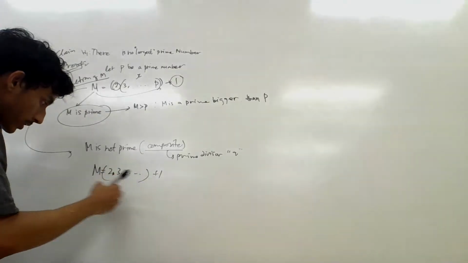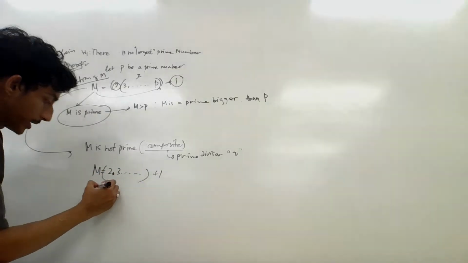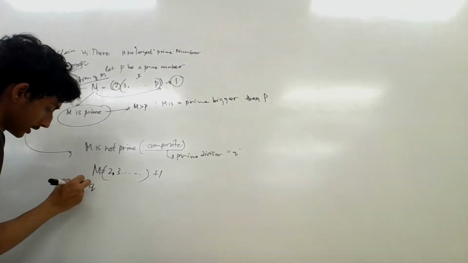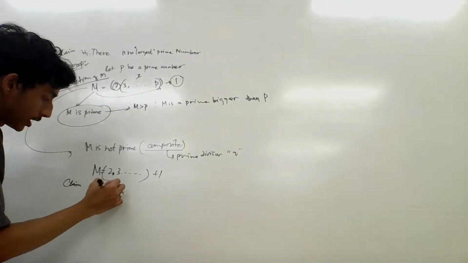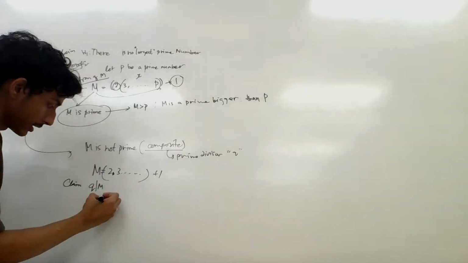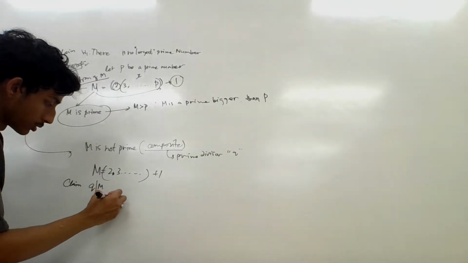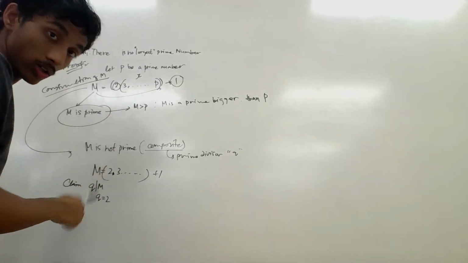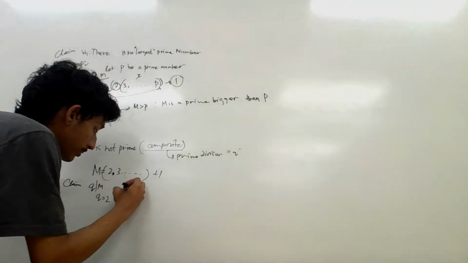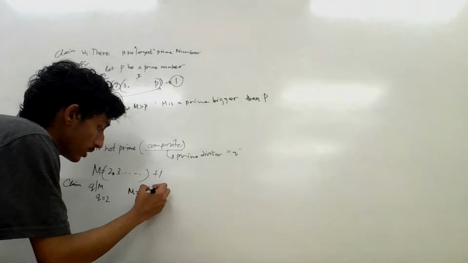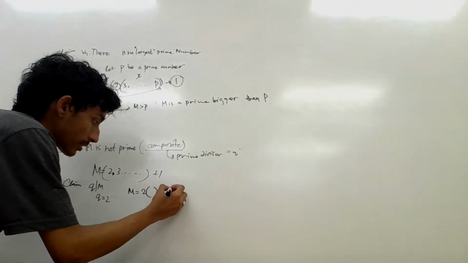Whenever you make a claim that q is dividing m, I can prove this wrong by saying that q cannot be equal to 2 and divide m, because m is of the form 2 times something plus 1.